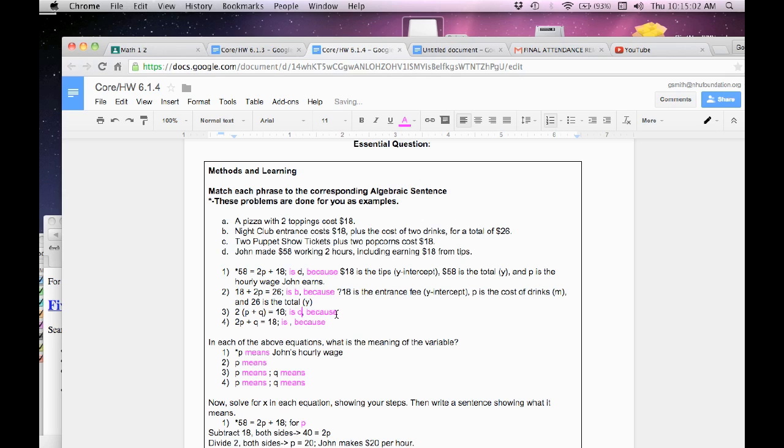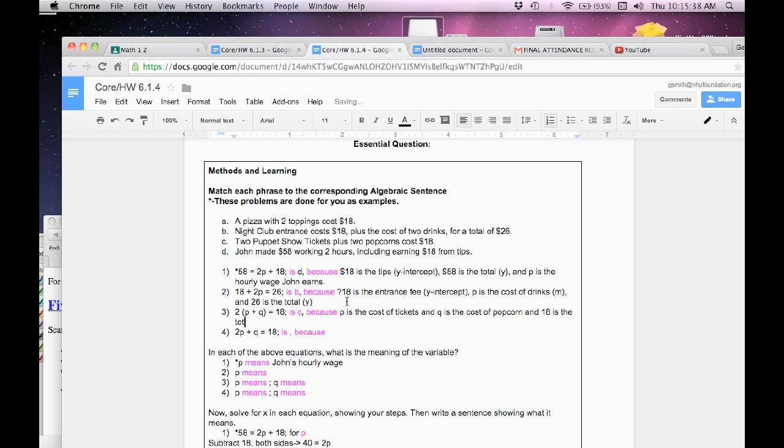So that's going to be C, because P is, we'll say, the cost of the tickets, and Q is the cost of popcorn, and 18 is the total, which is Y.